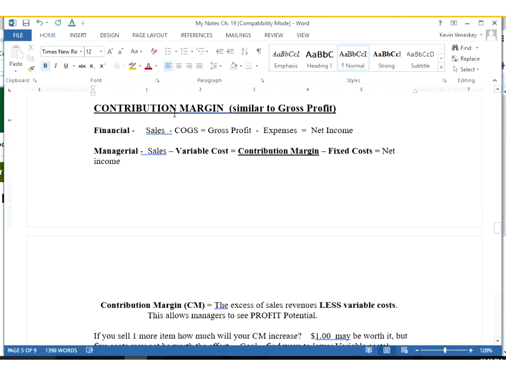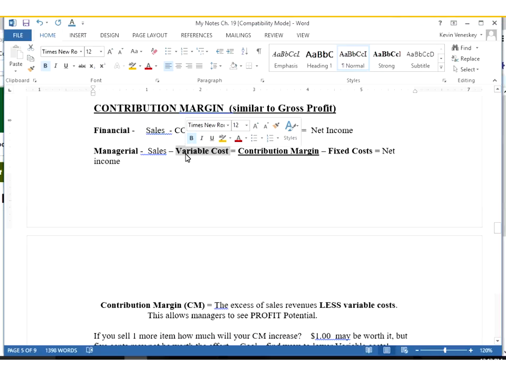Now our next new term that you need to know is contribution margin. Contribution margin is what you use in managerial accounting, somewhat similar to what you use in financial, where we use gross profit. Just to refresh your memory from Accounting 101, it was sales minus what it cost you to sell your stuff. That gave you your gross profit. And then you subtract out all your other expenses to get net income.